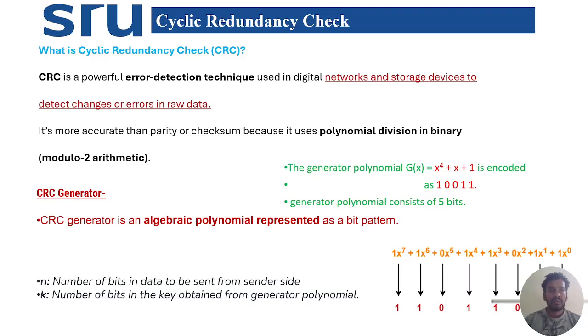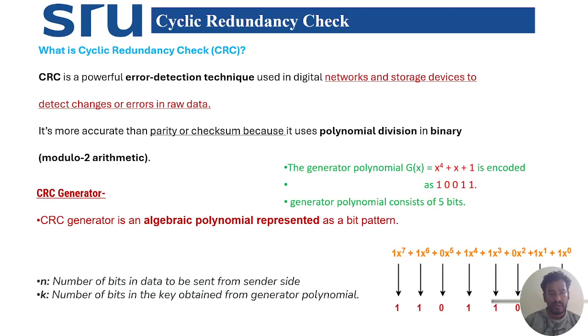CRC, the cyclic redundancy check method, is an algebraic polynomial represented as bit patterns.